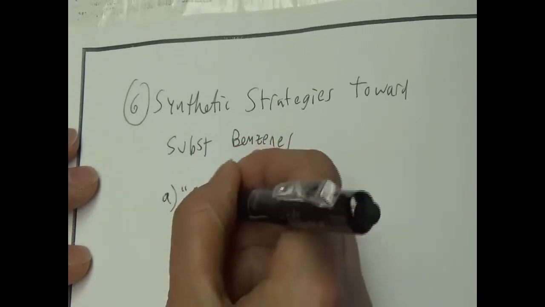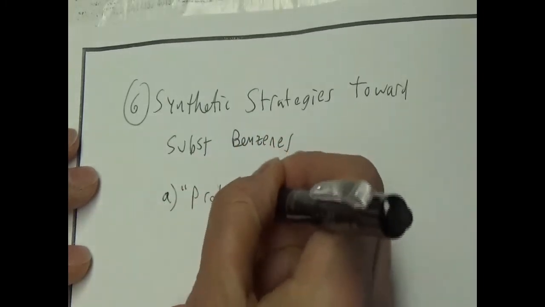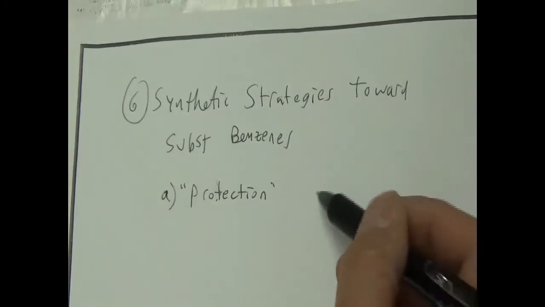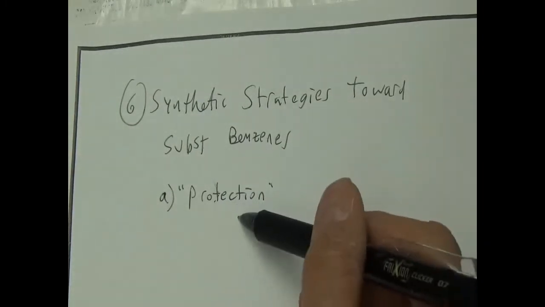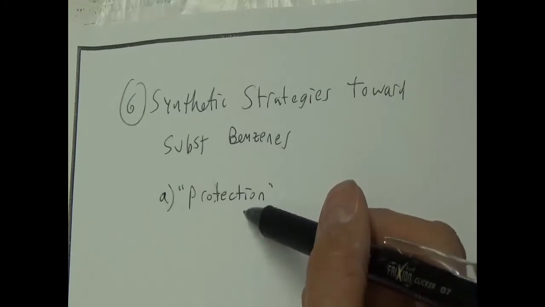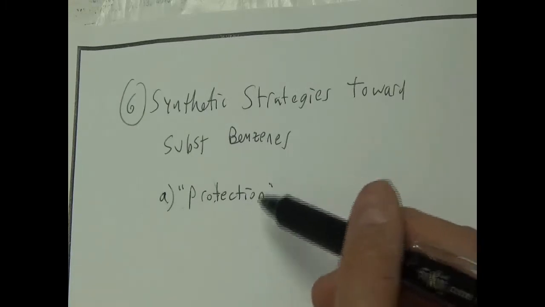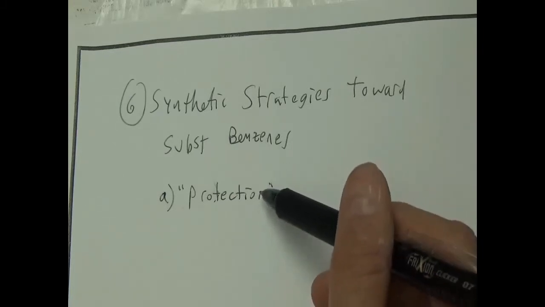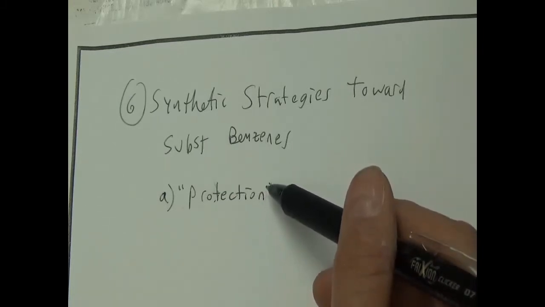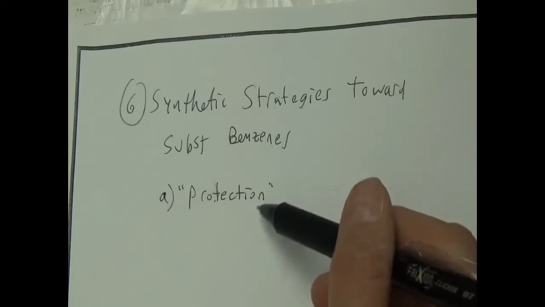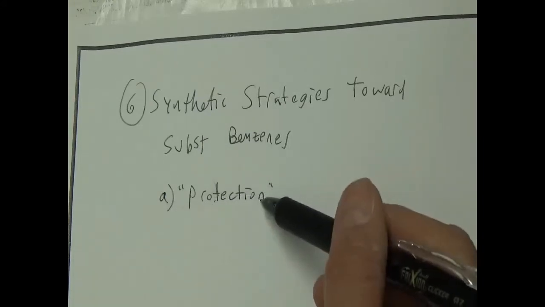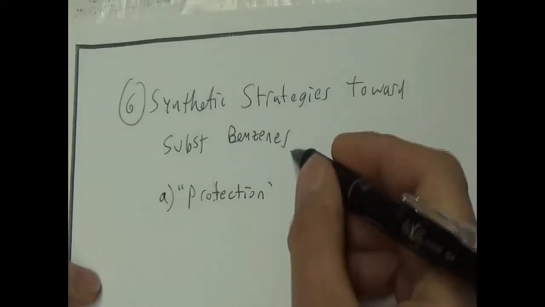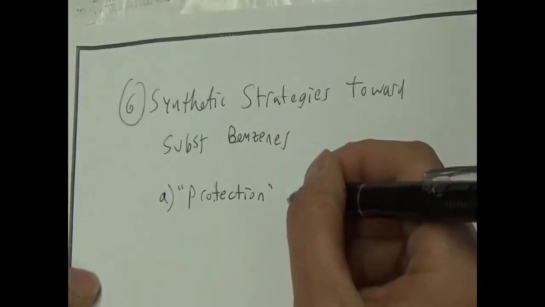The first one is that we can use protection. And by protection, we've seen that be the attachment of a functional group to maybe block something, or maybe prevent reactivity. But the whole point about protection is you can always deprotect, so you can add something and then remove it. And what we're going to do here is modulate.